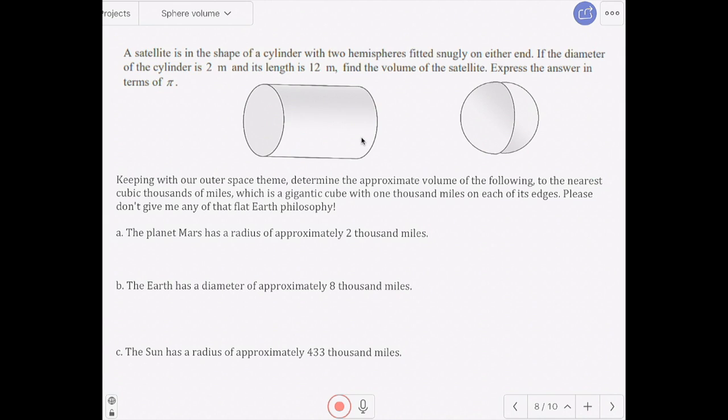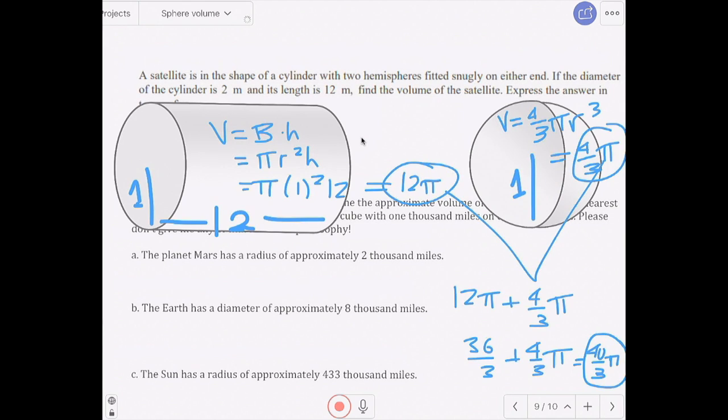So let's see how you did. Don't be a chicken. Give this a try. So hopefully you didn't chicken out. The volume formula for a cylinder is pi, or big B, times h. And if the diameter was 2 meters, it means 1 meter was the radius.